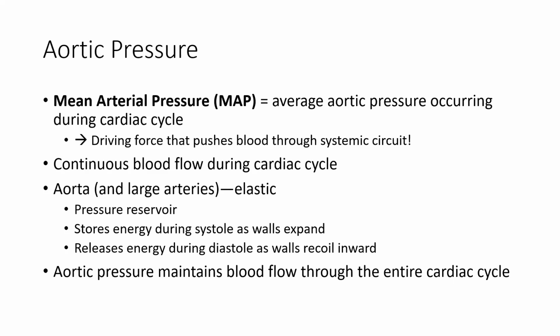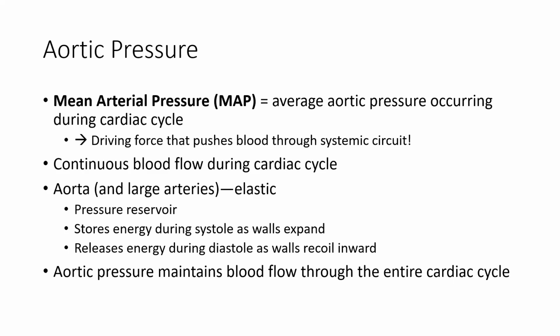So basically, I can take my highest reading in the aortic valve, and I can take my lowest reading in the aortic valve, and I can average those two values, and that's going to tell me about the average pressure with which blood is moving throughout the entire systemic circulation. So it's a very meaningful, very important clinical number that we look at to determine the overall efficiency of the heart at vascularizing the entire systemic circulation.